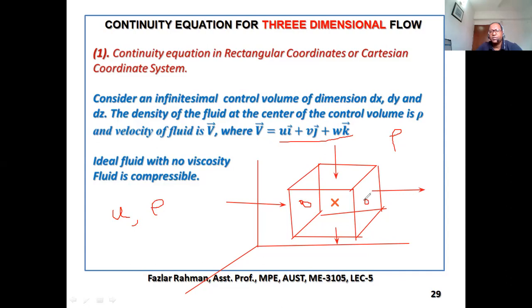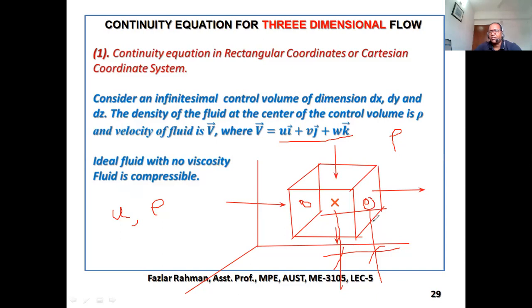How can I figure out the velocity at this point? Again by Taylor series, where my h will be dx by 2. From here I can figure out the velocity and density of the fluid at the inlet and at the outlet.